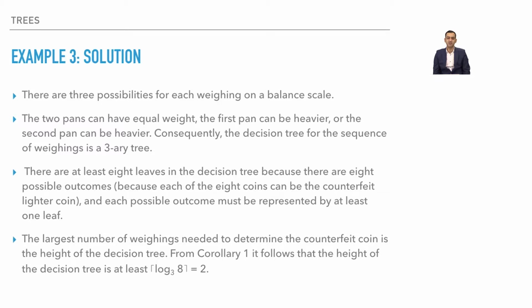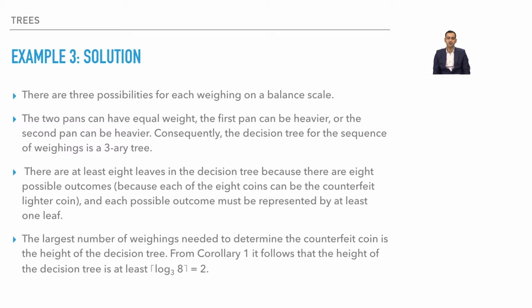Consequently, the decision tree for the sequence of weighings is a ternary tree. There are at least 8 leaves in the decision tree because there are 8 possible outcomes, because each of the 8 coins can be the counterfeit lighter coin, and each possible outcome must be represented by at least 1 leaf.